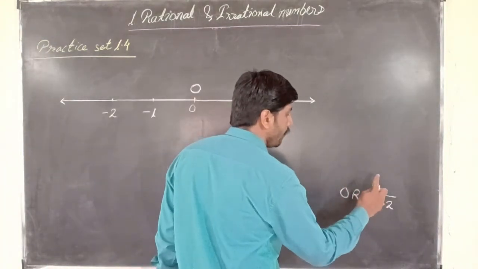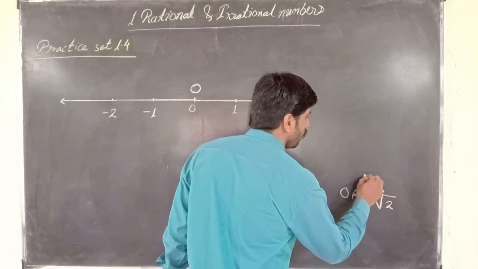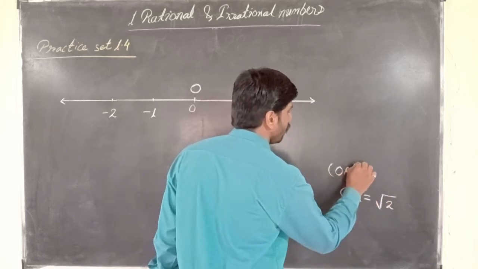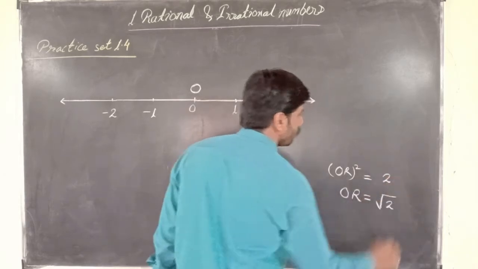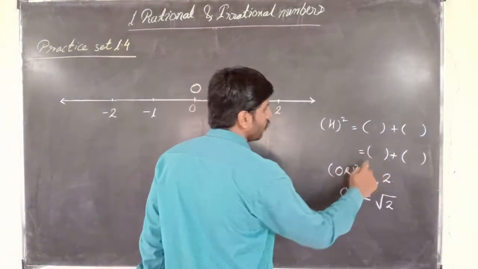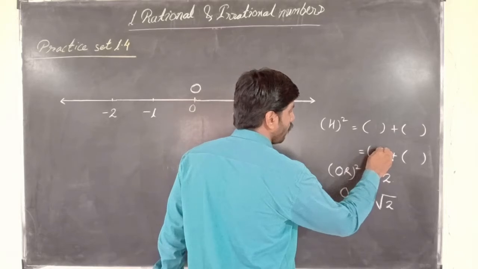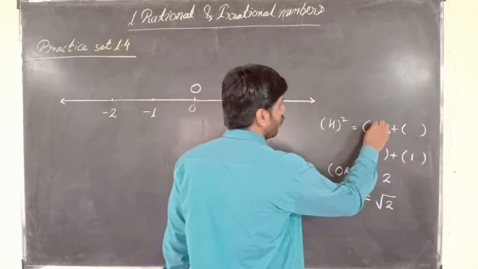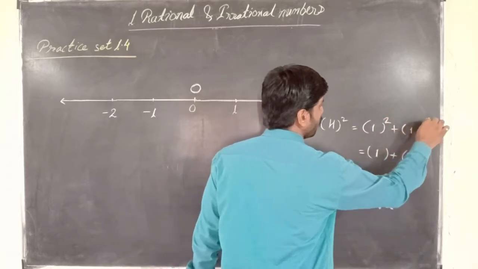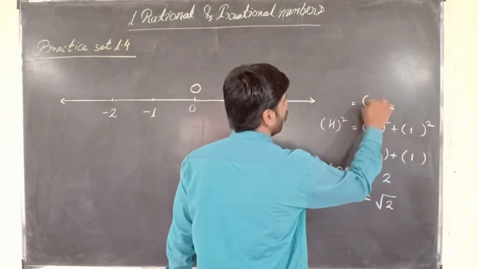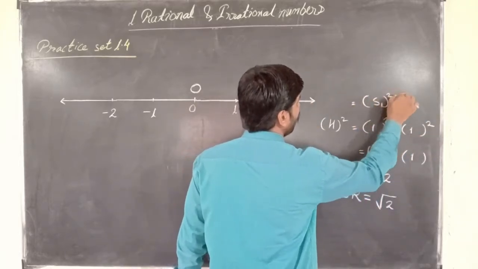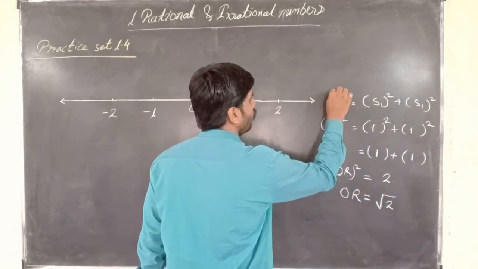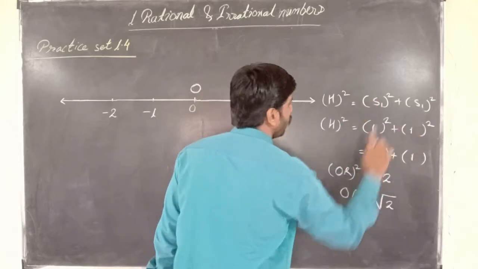Now if we need square root of 2, then hypotenuse square must be 2. It means we need two sides of having length 1. And 1 is perfect square of 1. So here length of side 1 is also 1. And length of side 2 is also having 1 unit.